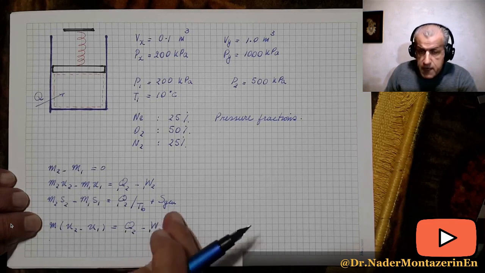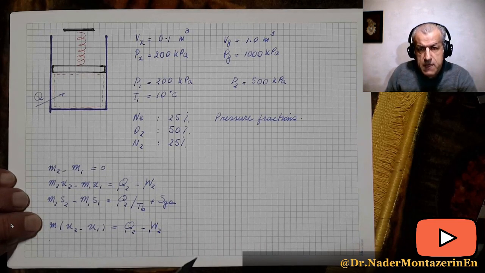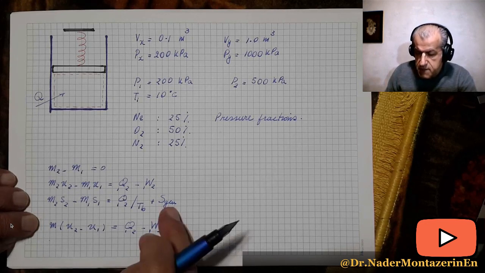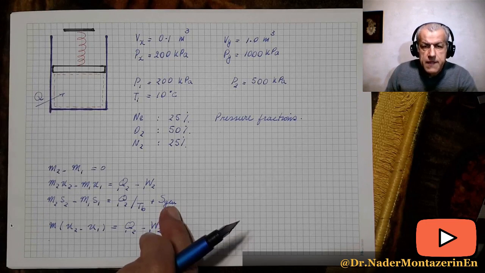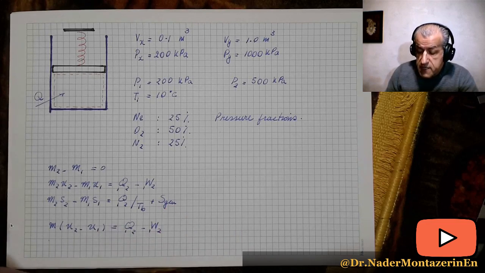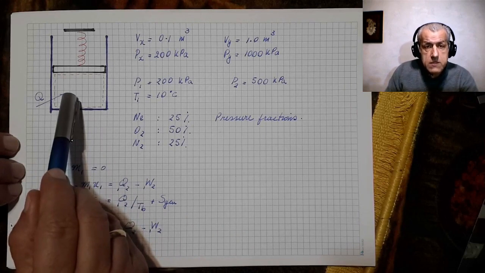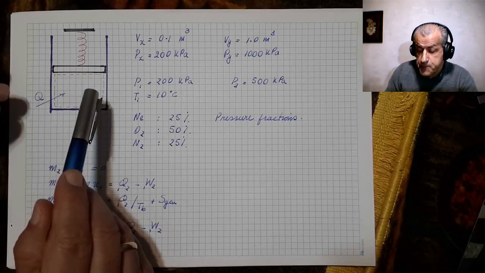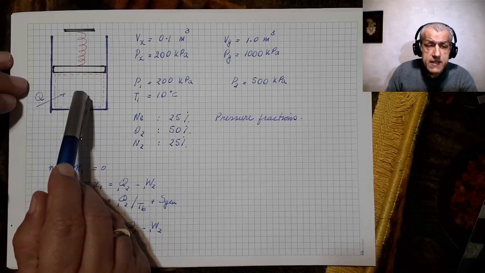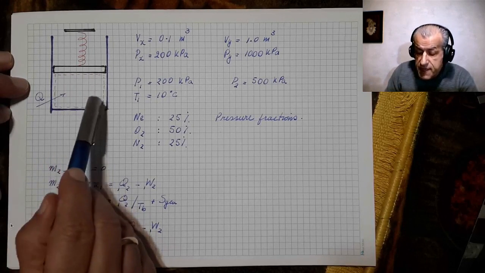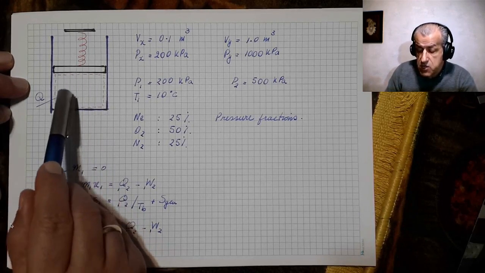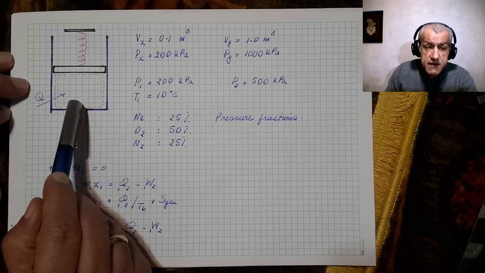And for the second law of thermodynamics, what we could do is to assume that all irreversibilities are outside this boundary we have defined. In fact, since we are assuming that the temperature inside is uniform, you could assume that the process that happens for this gas mixture inside is reversible.